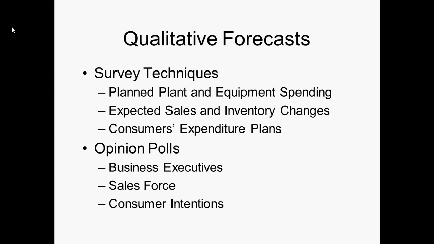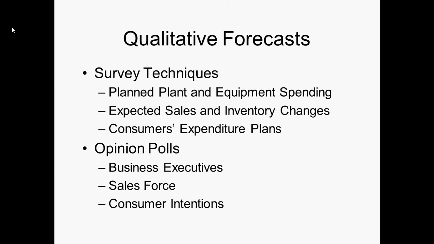Or if you're producing intermediate goods, so the demand for your good is a derived demand that depends on demand for some other good further upstream, that's when you might look at expected sales. How much do firms expect to sell? What kind of inventory changes do they expect? That will affect their demand for your product.